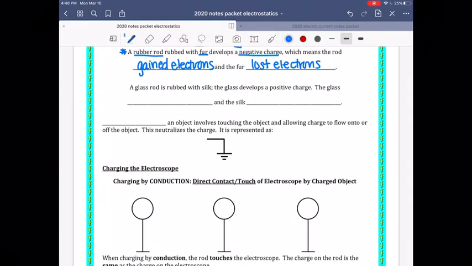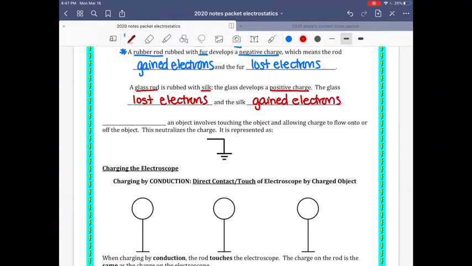Now, alternatively, we have a positive one too. A glass rod rubbed with silk develops a positive charge. This means the glass rod lost electrons and the silk gained electrons.